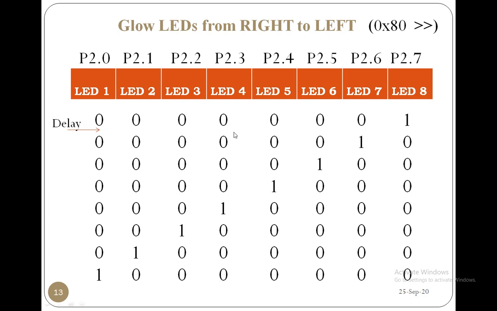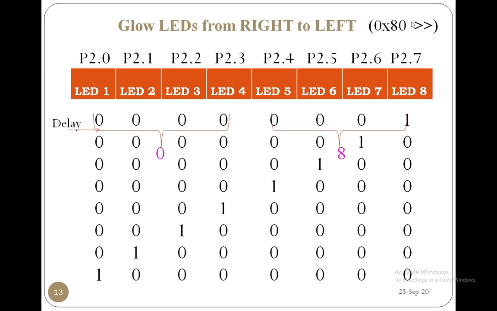Now what is the bit pattern? First I have to store it here. This is P20, all are zeros, so it is 0. And now here it is P24, right. So this is 0, this is 2, 4, this is 8. So 8 is the hexadecimal value of this one. Why? Because you have to come from here to here, right. So 0x08 is the bit pattern I have to send to the LEDs first.